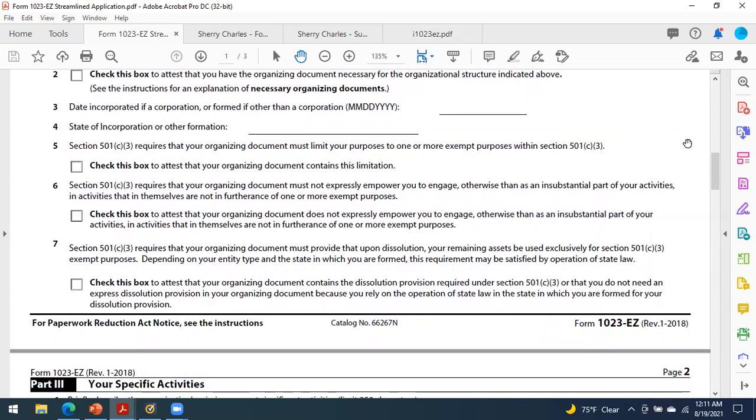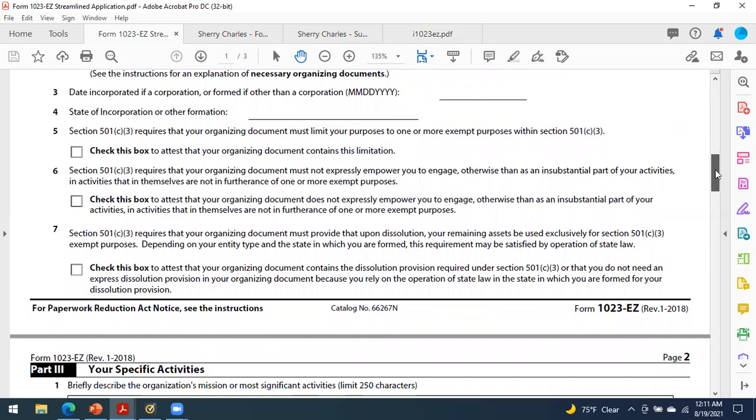This application is asking you to attest that you have the documents in your possession. Okay? So you are saying, I do have the documents. I have created the documents that you are asking about here. That's what you are attesting. You are confirming that you have those documents. You don't have to prove it. You just have to confirm that you do have them.